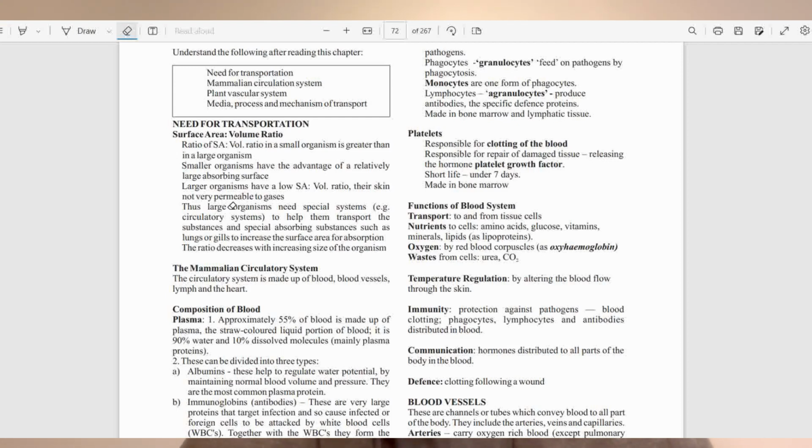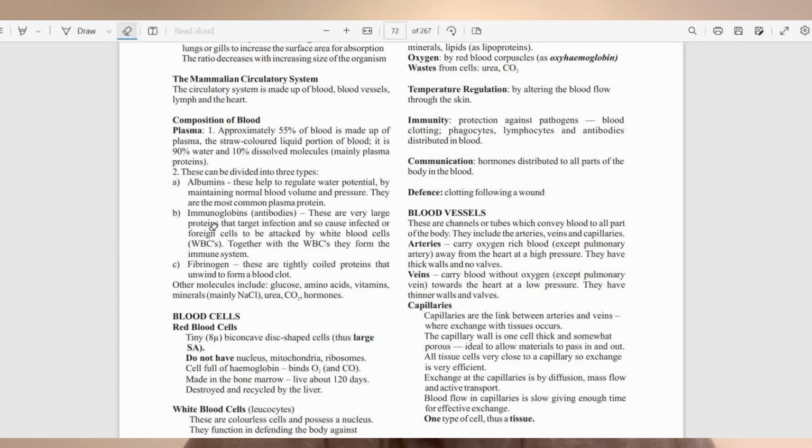But as organisms get bigger, their surface area to volume ratio becomes smaller. So it's an inverse proportional relationship. The smaller the size of the organism, the larger the surface area to volume ratio, and the bigger the size of the organism, the smaller the surface area to volume ratio. So that is why organisms need a transport system.